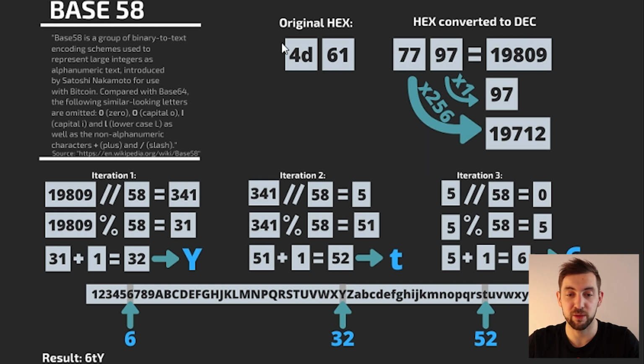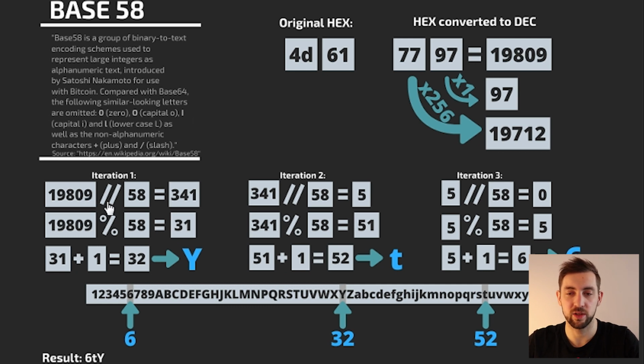So if we had another number here, we would have to multiply by 256 times 256 to get the result if we wanted to add another number in front of the original hex. But for this specific case we will go simple, and that's the result, 19,809. Now we want to convert it to base 58.